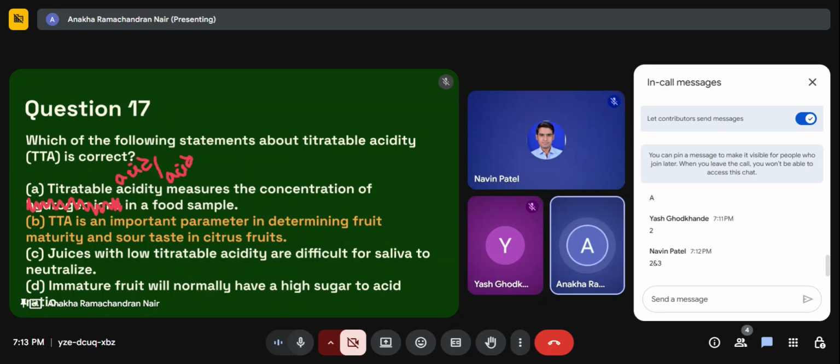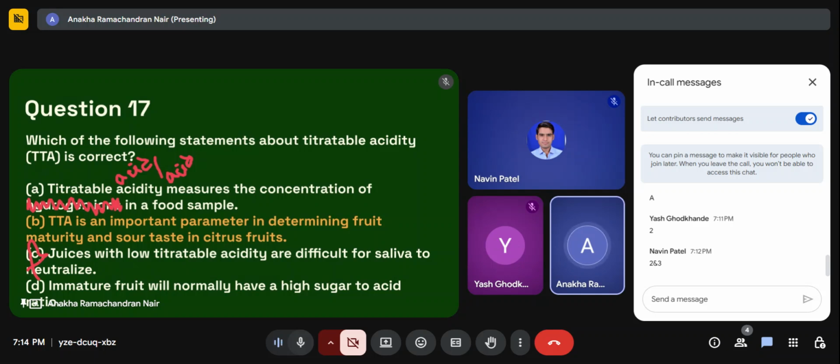Juices with low titratable acidity are difficult for saliva to neutralize is not correct. Juices which have high titratable acidity, that means they have high acid content, are difficult for saliva to neutralize and therefore will potentially damage your teeth. The acid content of these juices will damage your teeth.